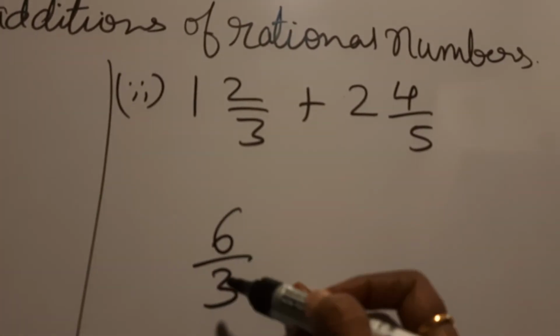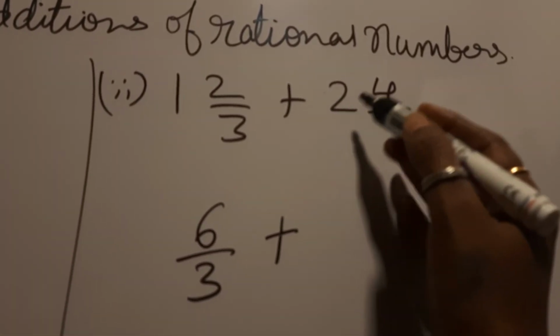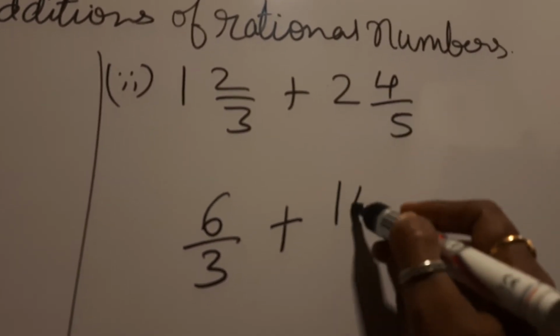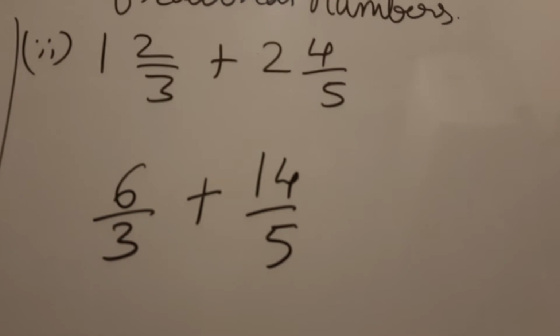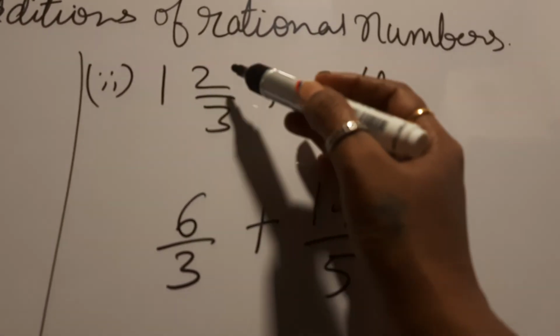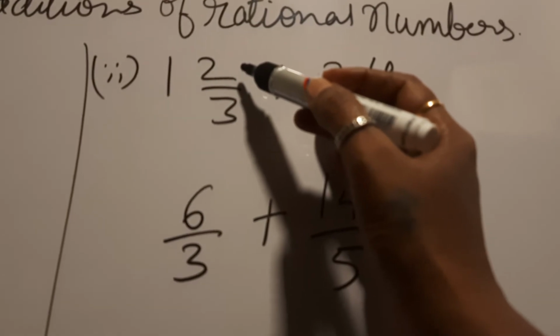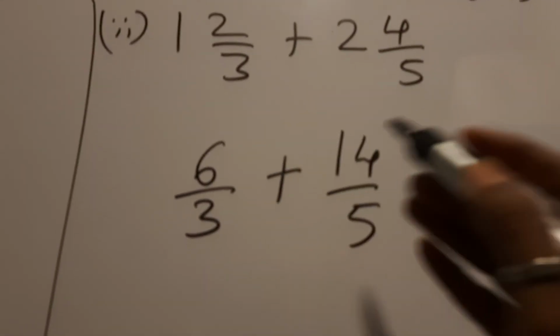So 5 upon 3 plus 5 2s are 10, 10 plus 4, 14 upon 5. Did you all understand, children? Okay. Sorry.